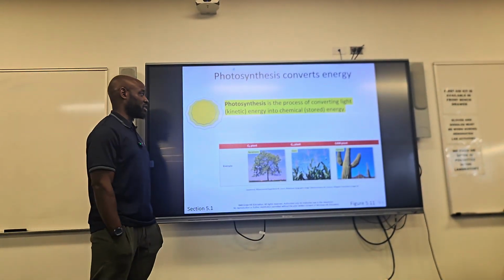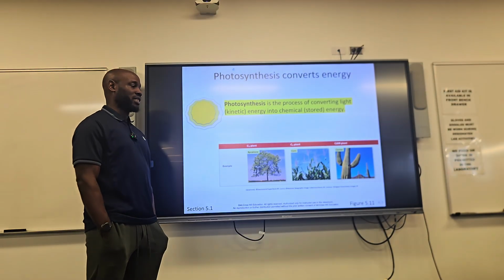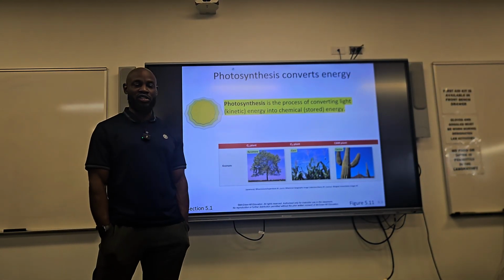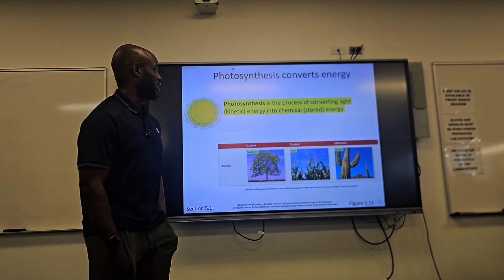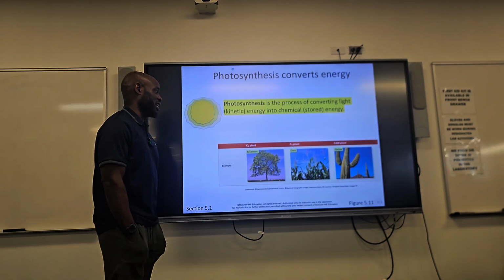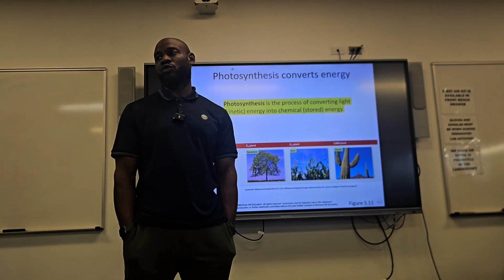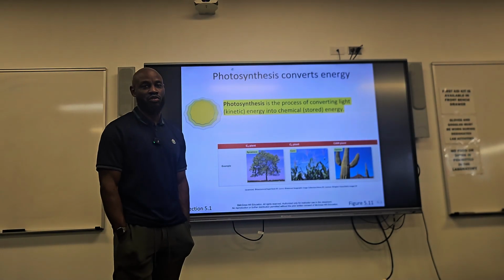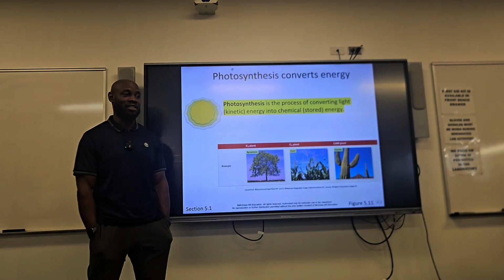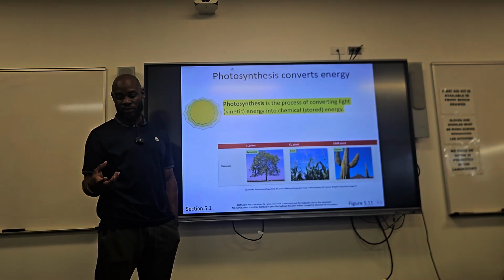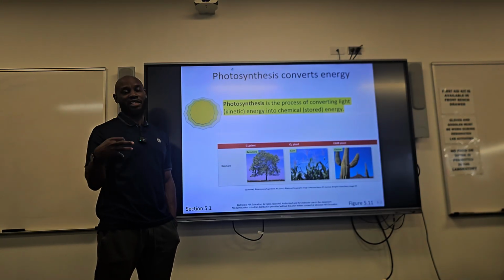Photosynthesis is the process of converting light, which is a kinetic energy. Remember, we talked about kinetic and potential energy. Converting light, kinetic energy, into stored energy, right? We want to convert it into an energy which the plant can use. And plants have the ability to take energy from the sun and convert it, not create it.